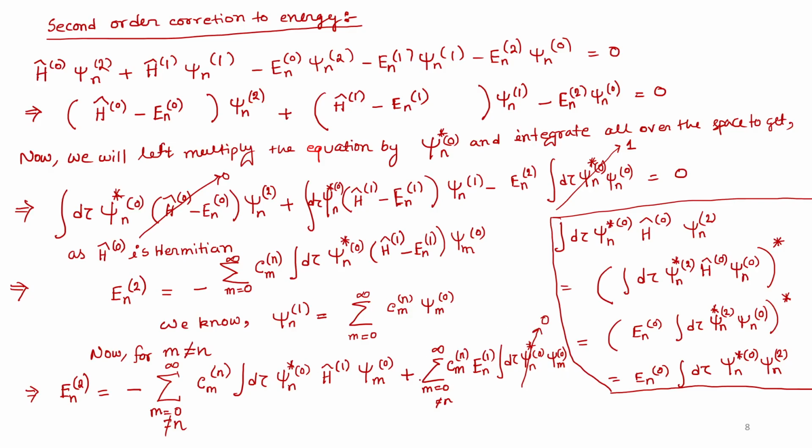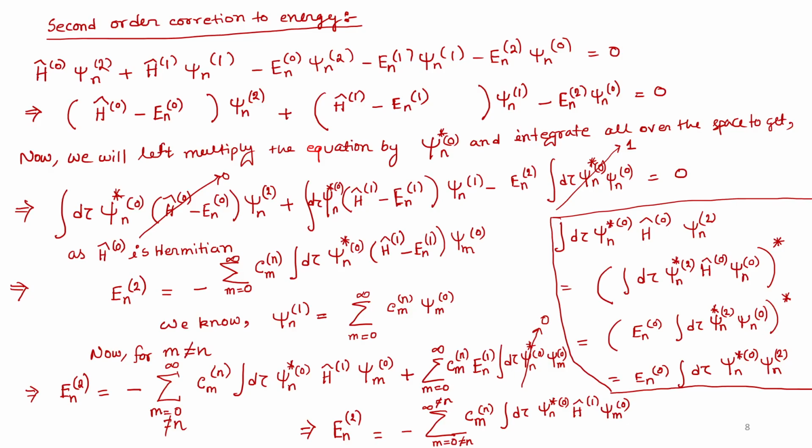So this whole part is going to be 0, and I'm going to be left with my E_n second, which is minus summation of m equals to 0 not equals to n. The m value can go to infinity, c_mn, d tau psi n zeroth star, this perturbation term, and psi m zeroth.